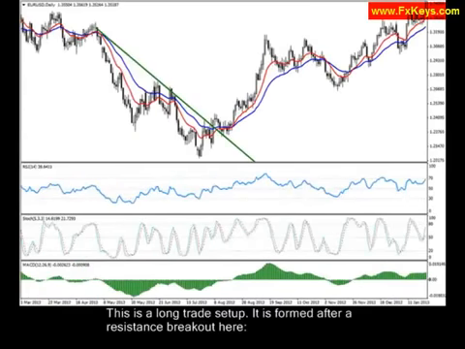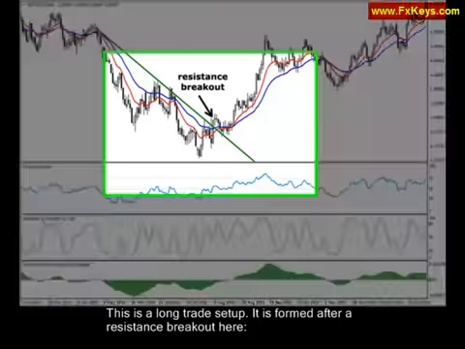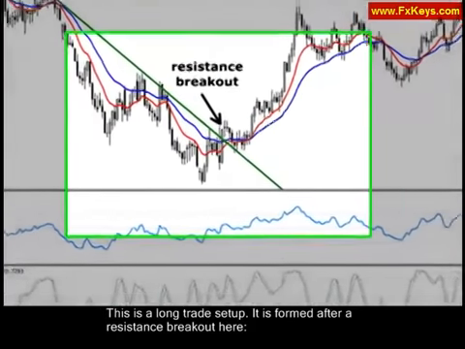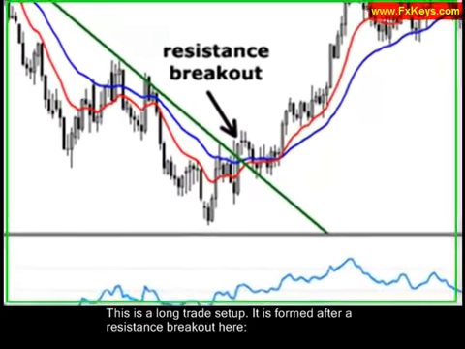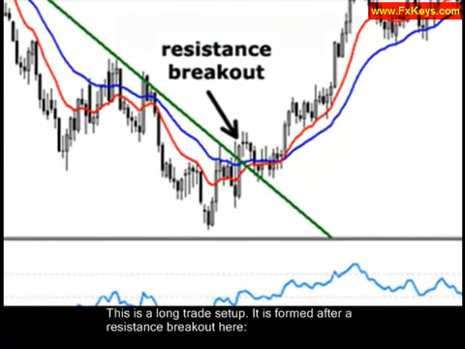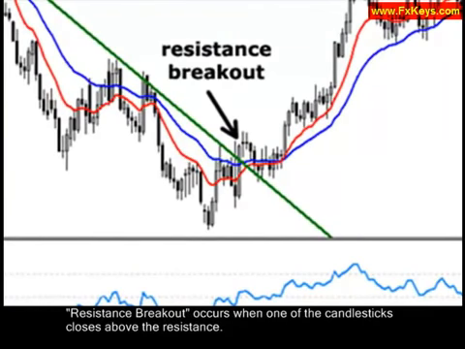This is a long trade setup. It is formed after a resistance breakout here. Resistance breakout occurs when one of the candlesticks closes above the resistance.